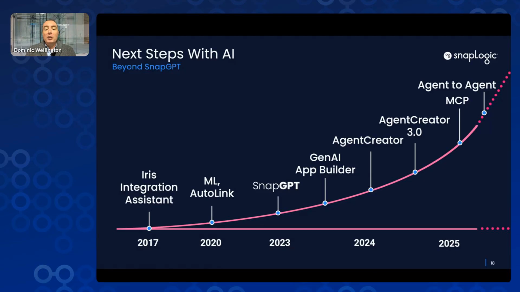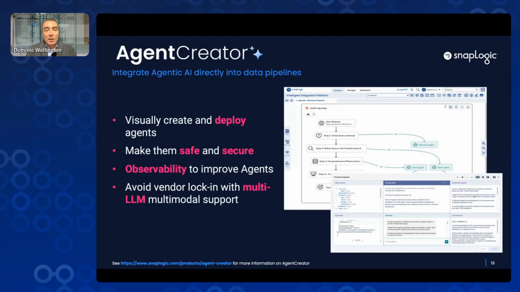And so that's when we released the Gen AI app builder, which was then rebranded as the agent creator once they moved to agentic AI, really started getting underway. And as part of working with AI agents, we also put in place capabilities to work on agents outside the SnapLogic platform. So let's talk about those in turn.